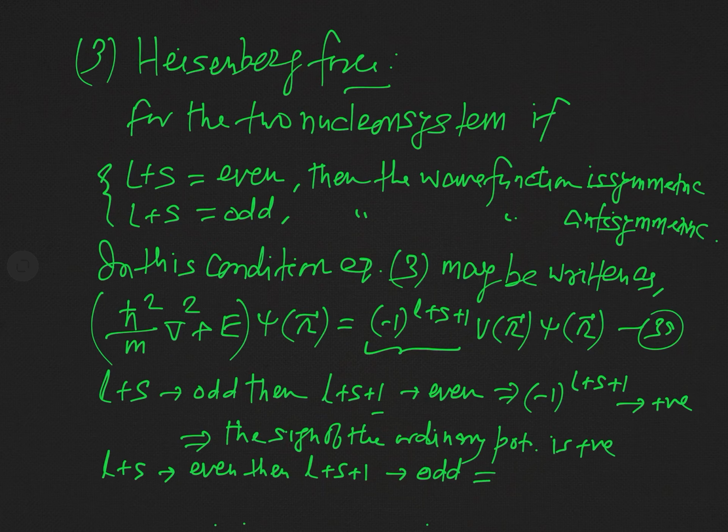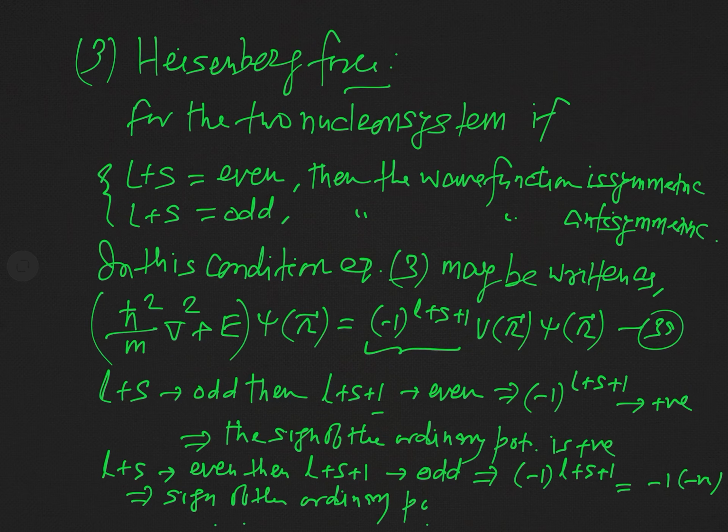And if it is odd, then minus 1 to the power L plus S plus 1 will be equal to minus 1, that is negative. And if it is negative, we can say that the sign of the ordinary potential is negative.